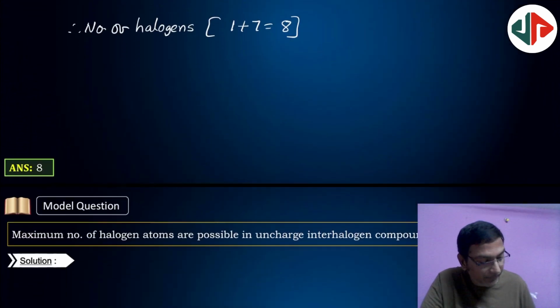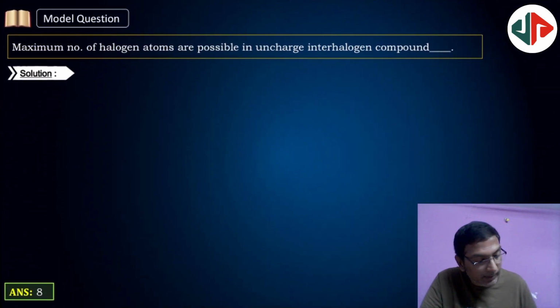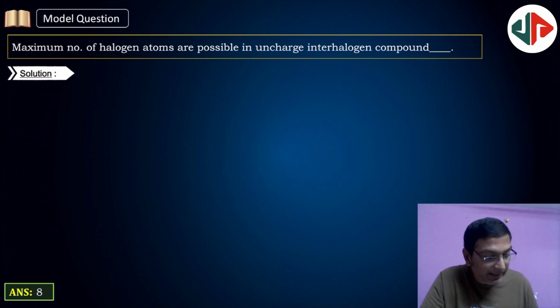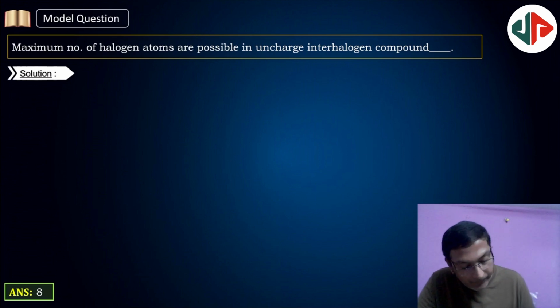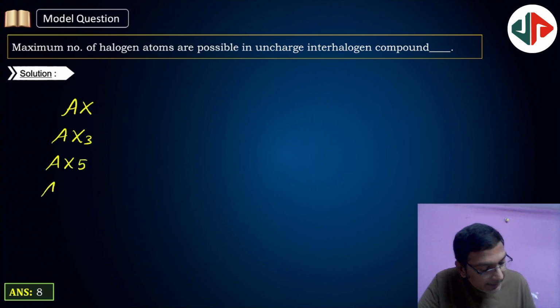Next. So I think this is a repeated question. Maximum number of halogens possible in an uncharged interhalogen compound. I will write once again in detail. Interhalogen compounds are 4 types.